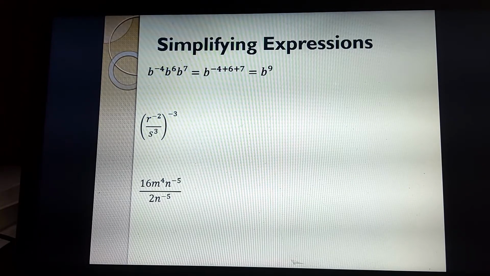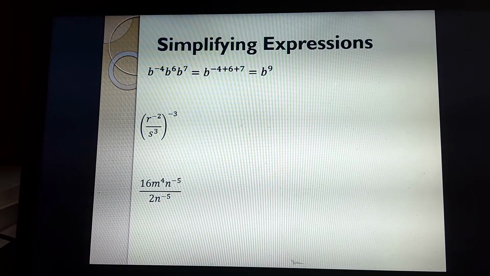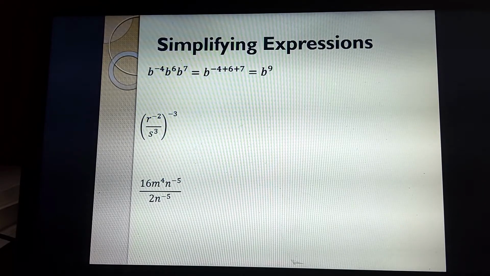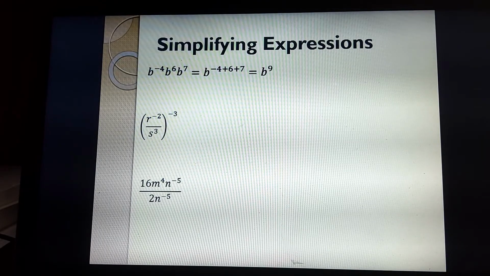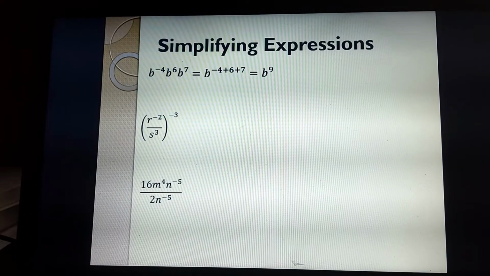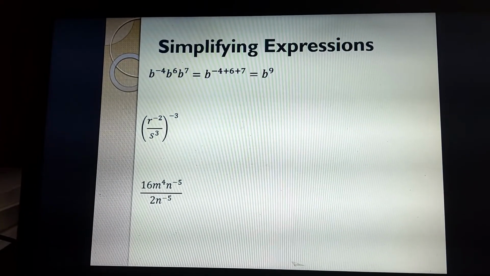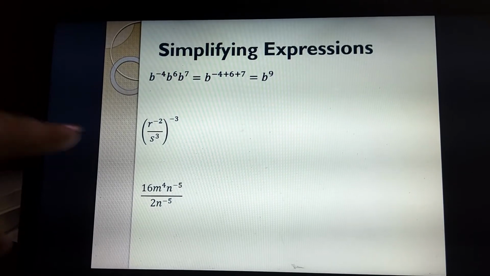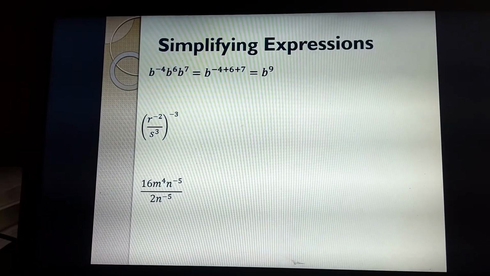Okay, my next problem. r to the -2 over s cubed, all to the -3. Inside my parentheses, the bases are not the same. I have an r on top and an s on the bottom. So I automatically can't do anything with those. Okay, so inside parentheses is done. So I go to the outside of the parentheses.